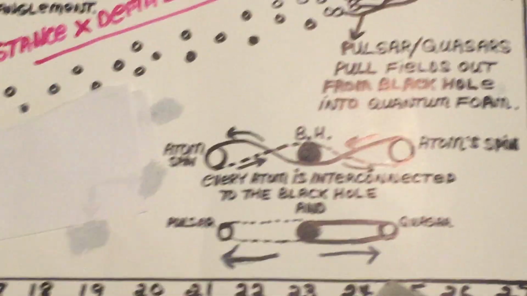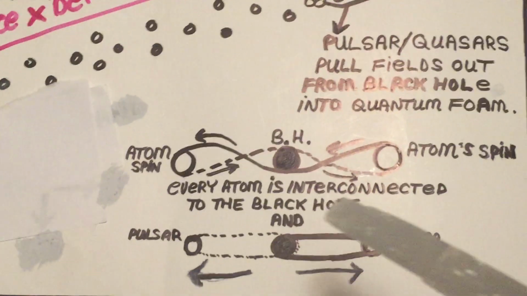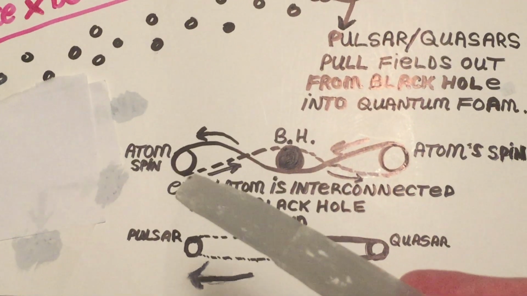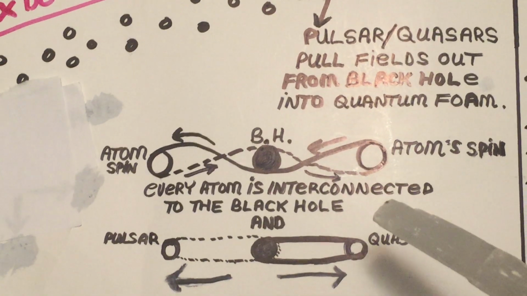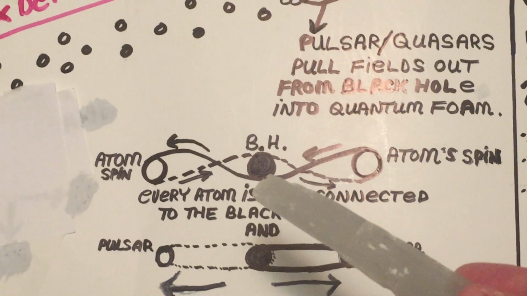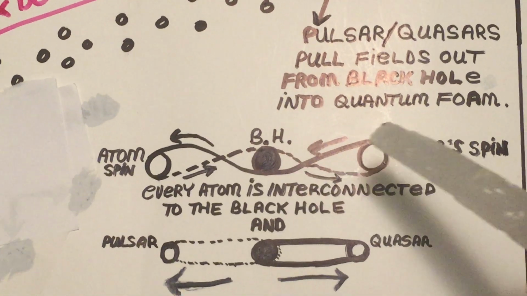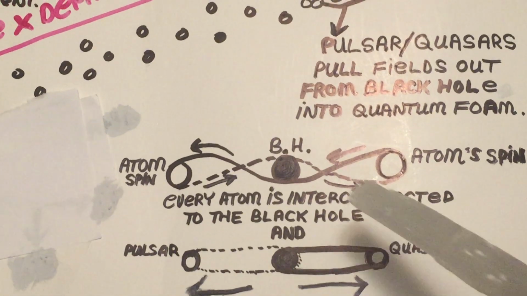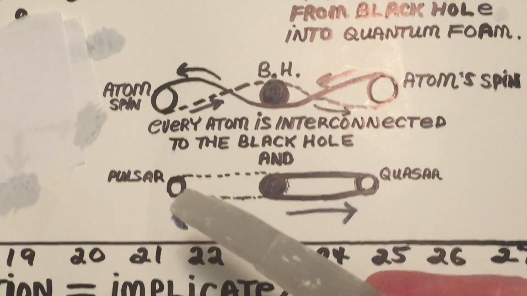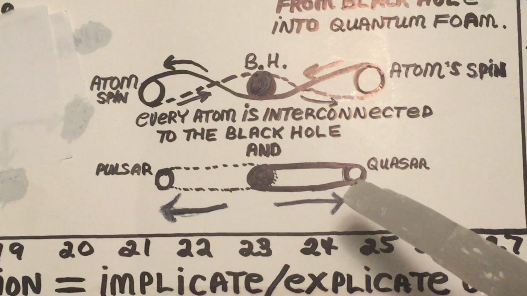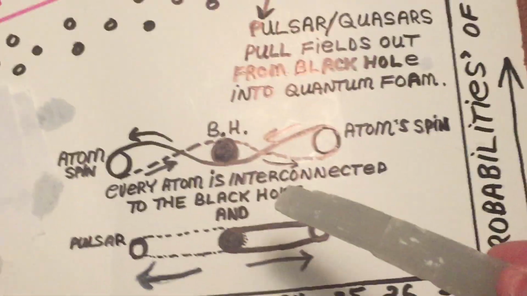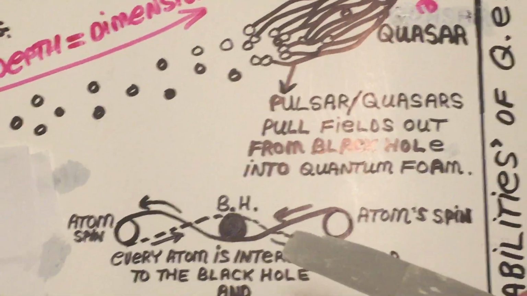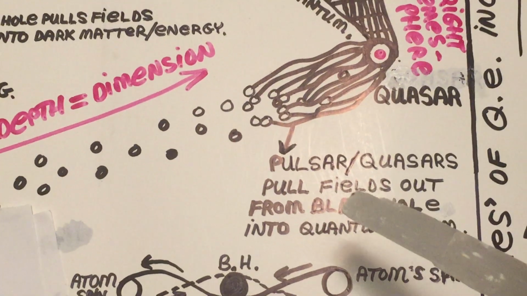So that more or less suggests that every atom is interconnected to every other atom and every black hole. The black hole is seen in these two curvatures and interconnected, and in reverse there's the pulsar and the quasar. So the orders over infinite distances create life throughout the universe.